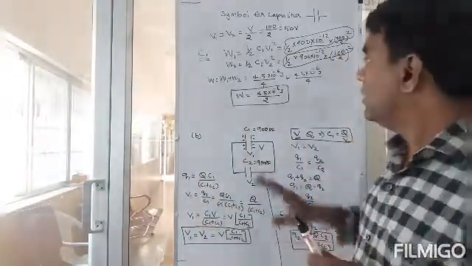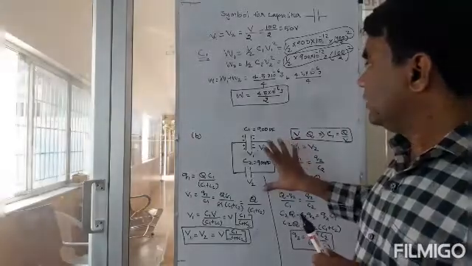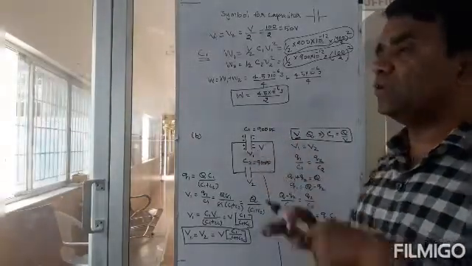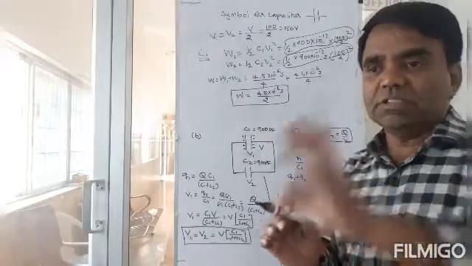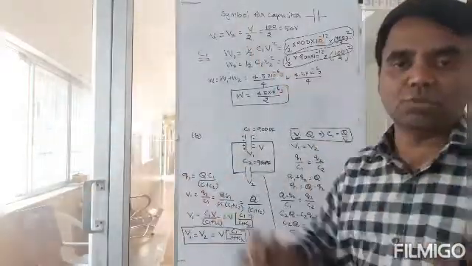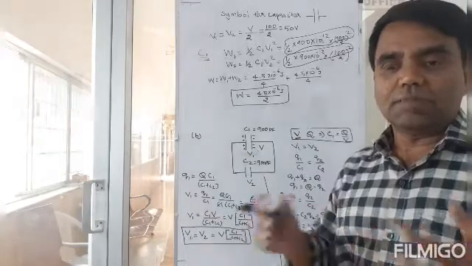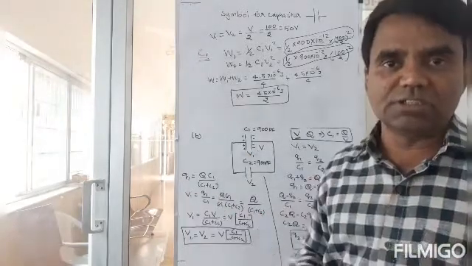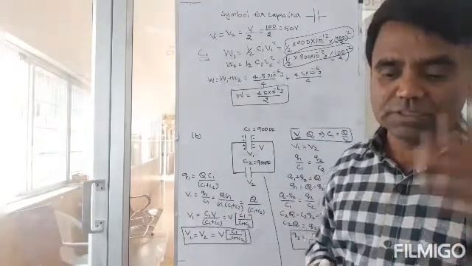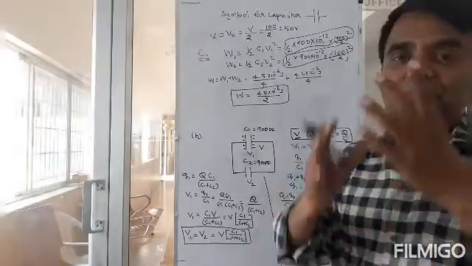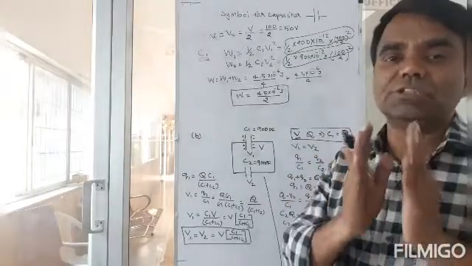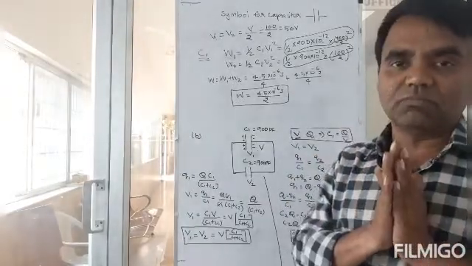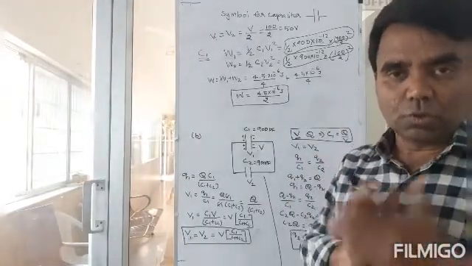Till then, understand that you have a capacitor, you charge it, you store a certain amount of energy, and then you connect another capacitor to it. A part of the energy is lost in radiation. Okay. So the sum of the energy in both the capacitors finally would not be equal to the original energy you started with. Okay. Hope it's clear to you.